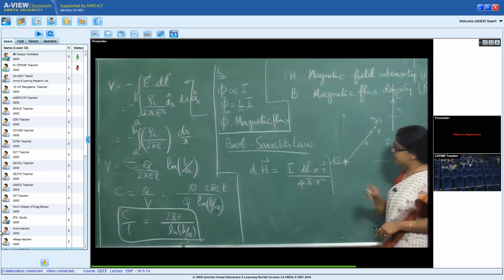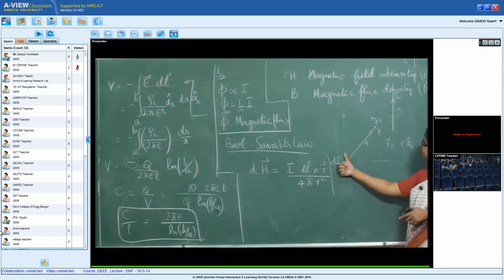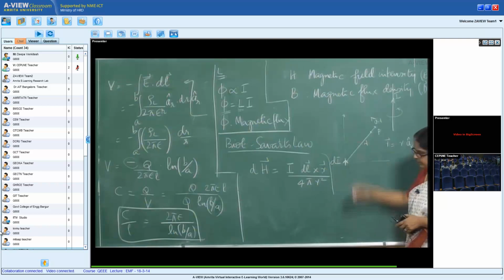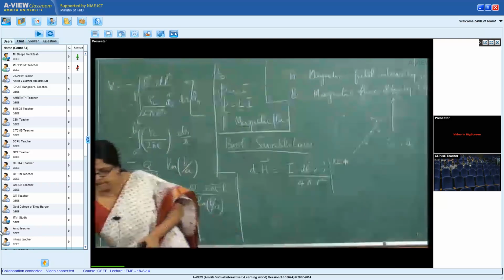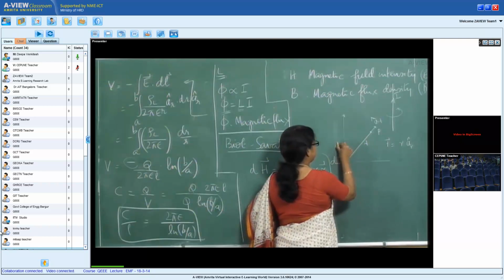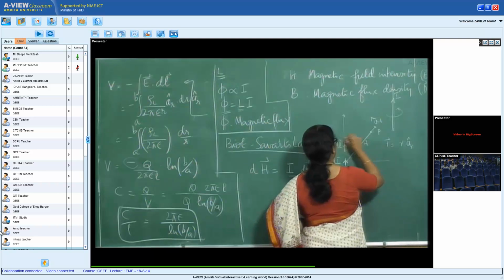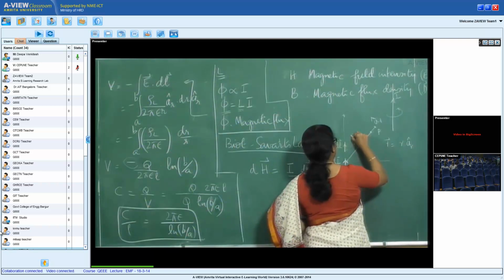Now let us try and find out what is the direction of H. dl is in this direction, the elemental length is in this direction, r is in this direction. So dl cross r, this is my direction of dl, this is the direction of unit vector r.